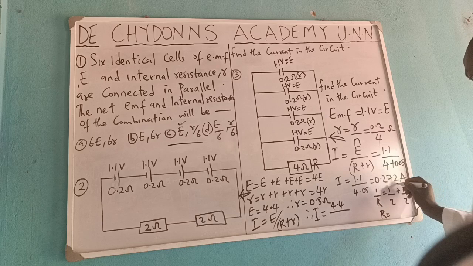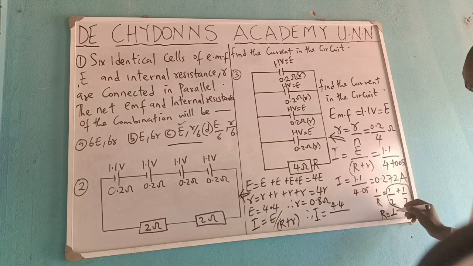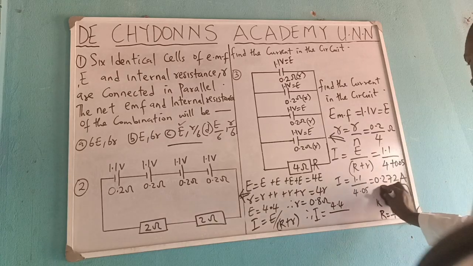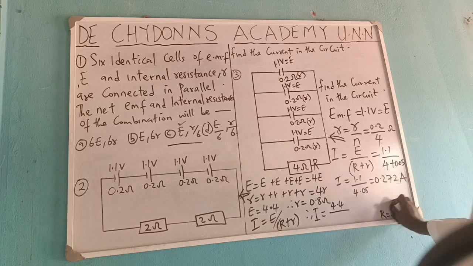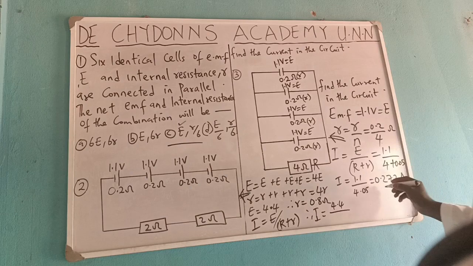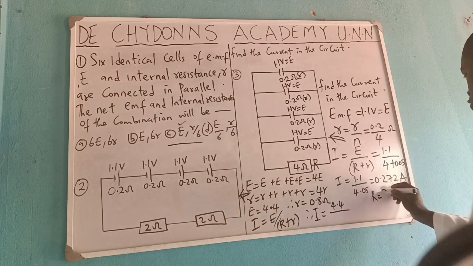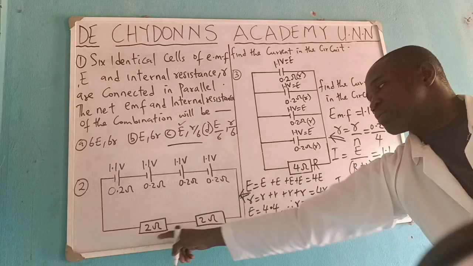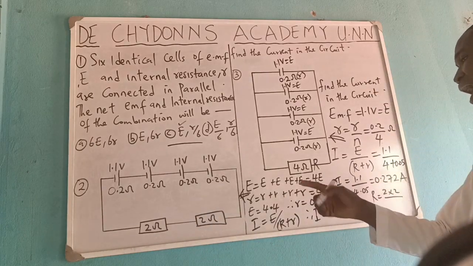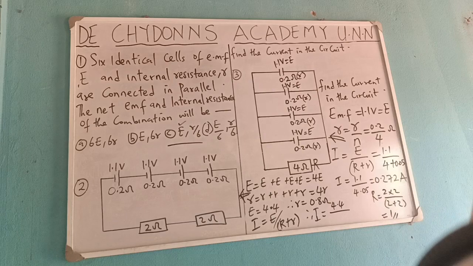So if you compute this now, it will be giving you 1, and 1 over that 1 you got will be equal to 1. Once you have this in parallel, you can say R equals 2 times 2, multiply the 2, all over add the 2, 2 plus 2. That will be giving you 1. You can use that method.